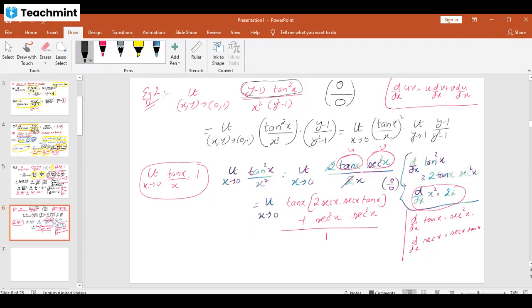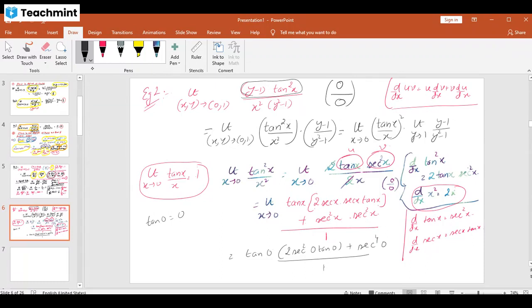So what is the limit of the function now? If I put x equal to 0, tan 0 is 0 into 2 times secant square 0 into tan 0, and this is secant raised to the power 4 times 0, upon 1. Now we know that tan 0 is 0 because tan is the ratio of sine and cos.